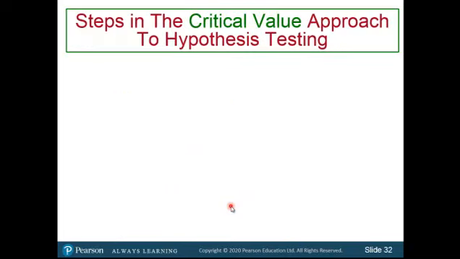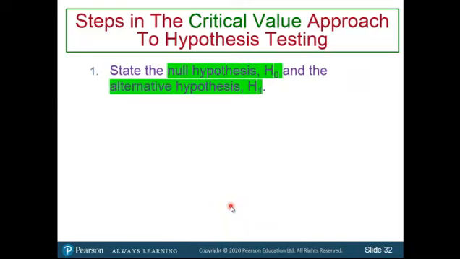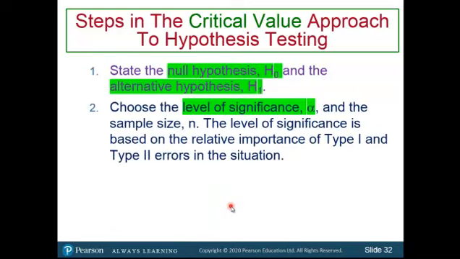So let's take a look at the steps in the critical value approach to hypothesis testing. There are several steps we have to follow. The first step, we have to state the null hypothesis H sub 0 and the alternative hypothesis H sub 1. Second step, choose the level of significance, that is alpha, and the sample size n.